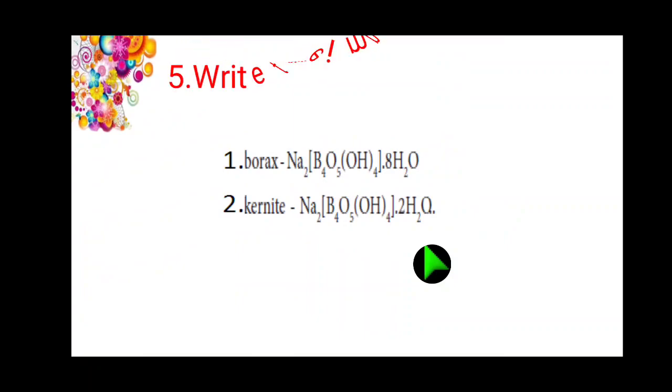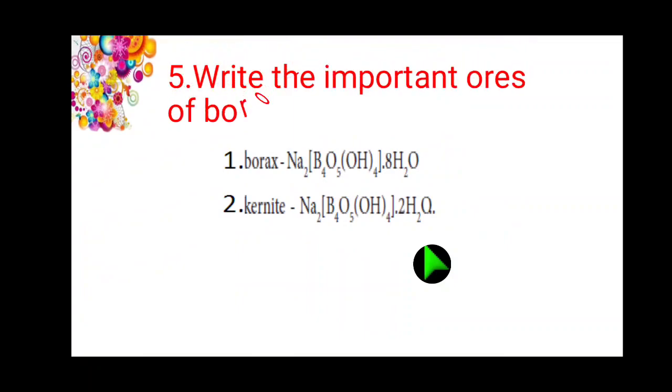Question number 5. Write the important ores of boron. 13 group elements. The first element, head of the family, boron. Boron's important ores: borax, and second one, kernite.